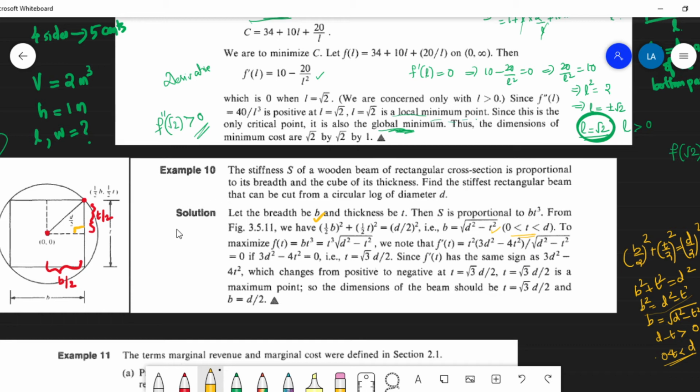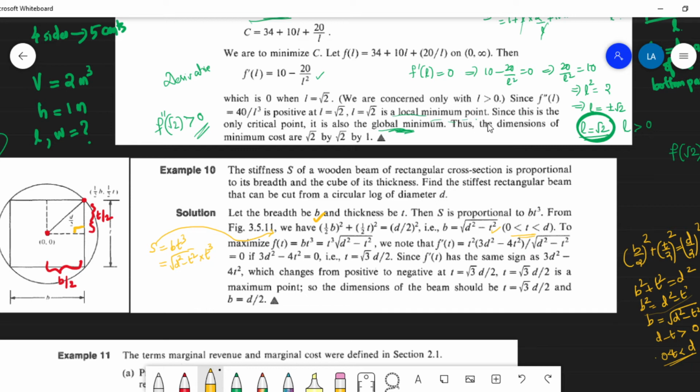So here we had S is equal to bt cube, and b can be written as root of d square minus t square into t cube. So we are calling this S as f of t. Okay. So f of t is equal to bt cube, which is equal to t cube into root of d square minus t square.